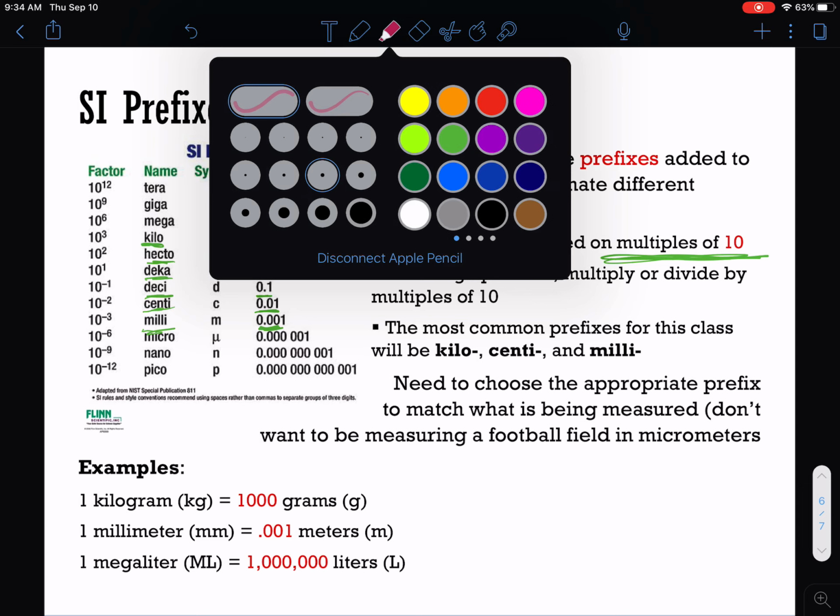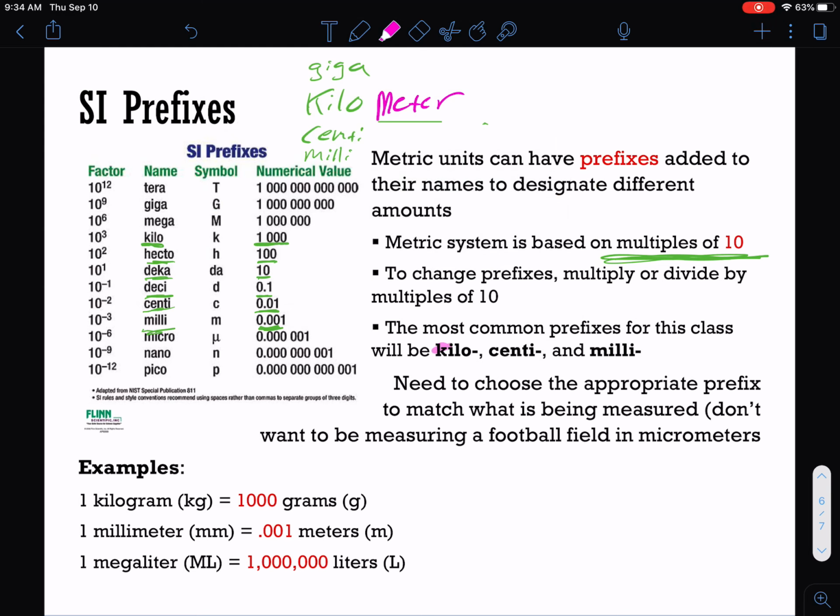Now, in this class, the most common ones that you are going to see, and the ones that you must, with 100%, without a shadow of a doubt, remember, are milli, centi, and kilo. You are going to see those for the rest of this year.